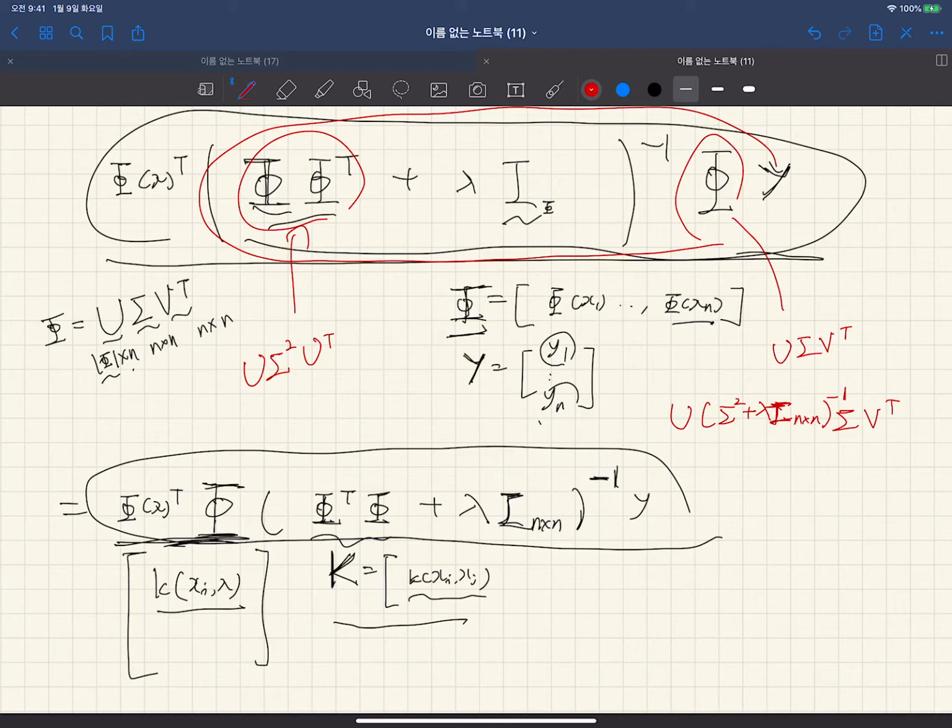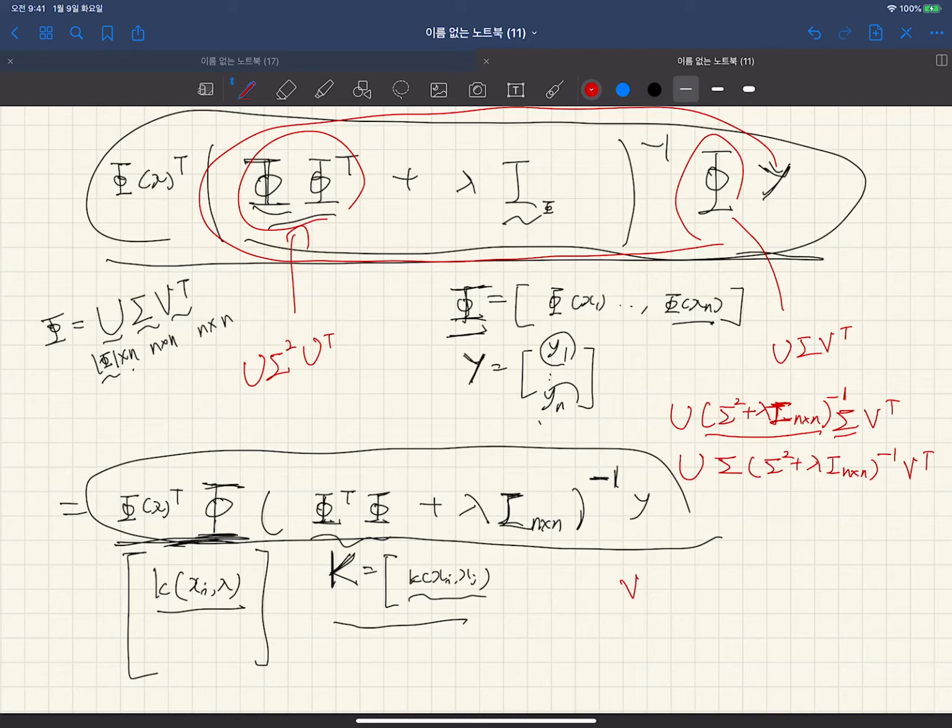And you can change the location of this and this because both matrices are diagonal matrices. And from this, you can rewrite this one as U (sigma square plus lambda identity n by n) inverse V transpose.